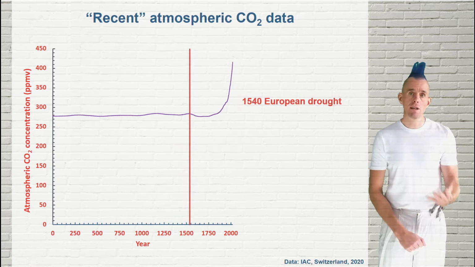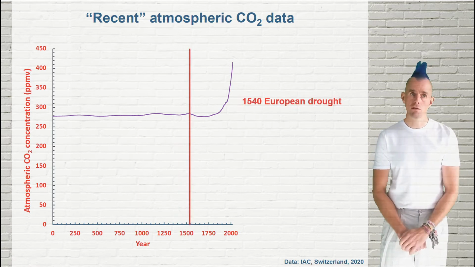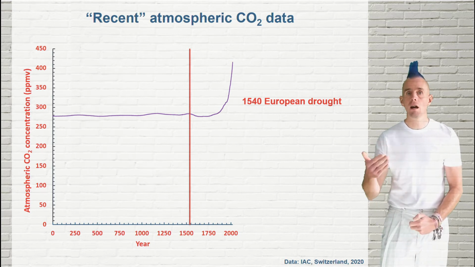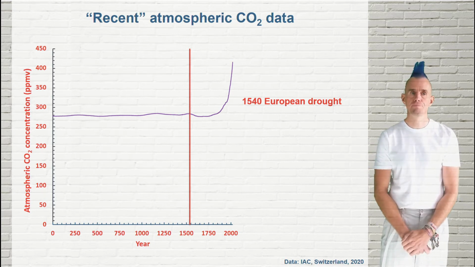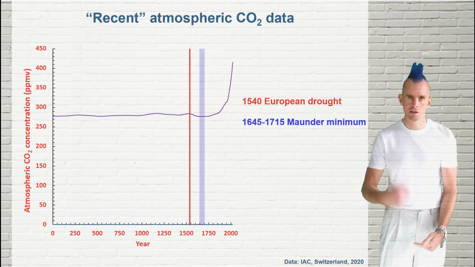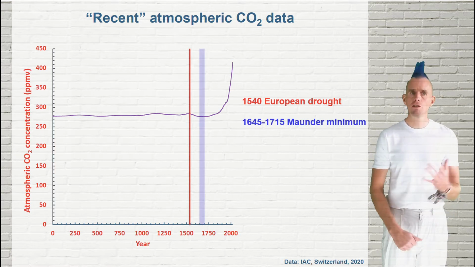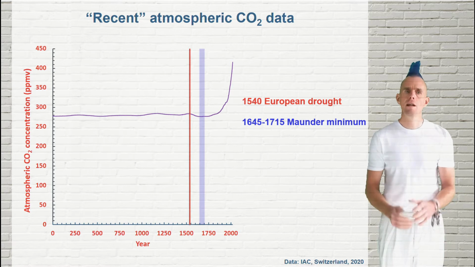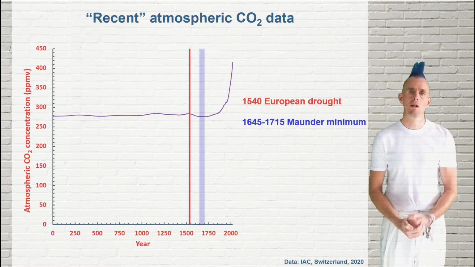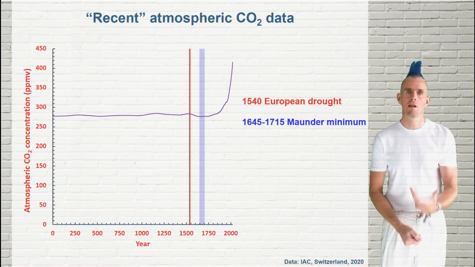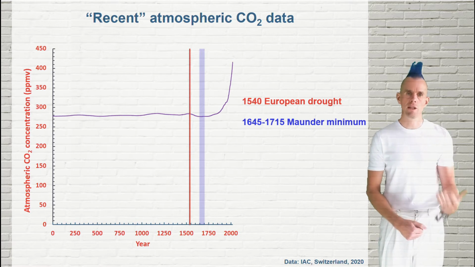Now, correlation doesn't imply causation, but interestingly, the 1540 European drought coincided with a marginally higher level of CO2 in the atmosphere. Again, correlation doesn't imply causation, but between 1645 and 1715 there is a period of cooling on the planet, which was actually due to sunspots and decreased solar activity rather than carbon dioxide concentrations in the atmosphere.